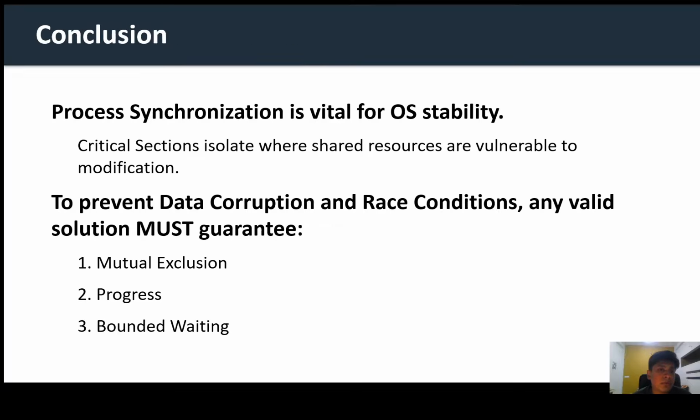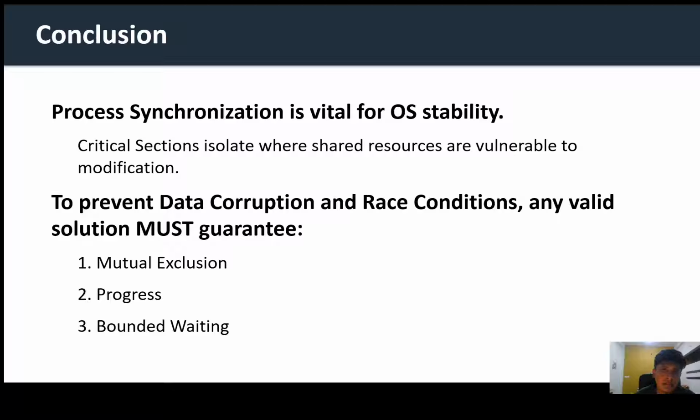What's the conclusion? The process synchronization is vital for operating system. Critical section isolates where shared resources are vulnerable to modification. First, we know that in modern OS we have to let processes share resource because it is efficient. If they create a race condition, we have to follow all these three rules too.